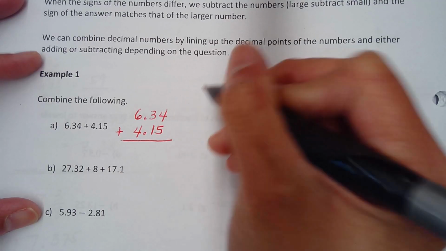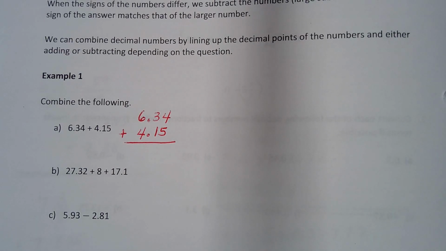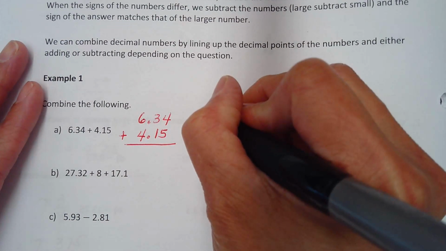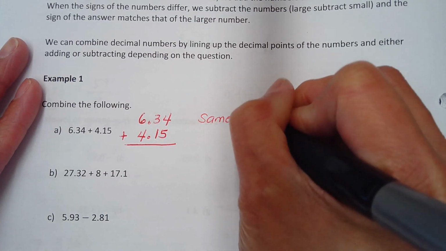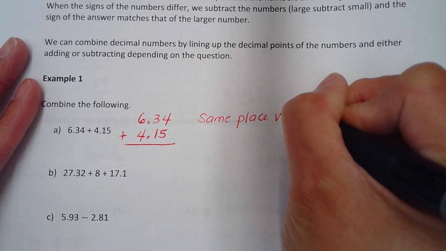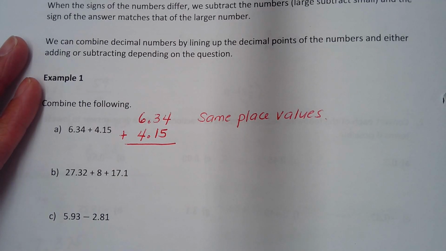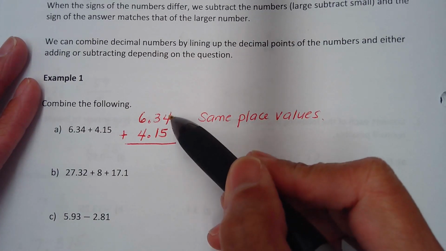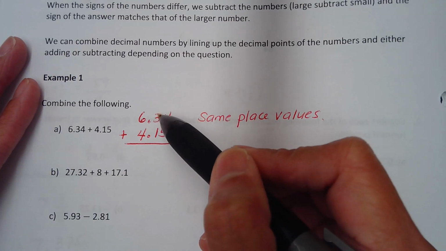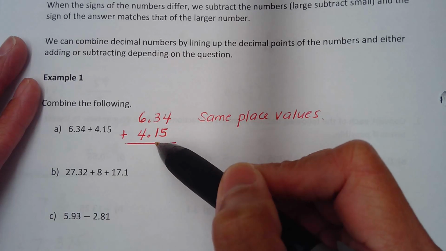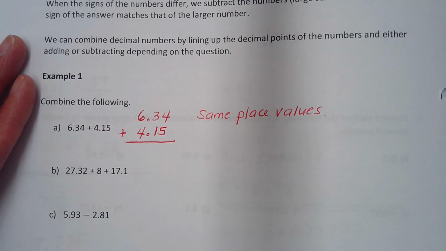To put that more concisely, as Joseph had mentioned, we're going to line up the same place values. So he said something about lining up the hundredths, the tenths, which is one decimal place, and then the ones, lining up the same place values.